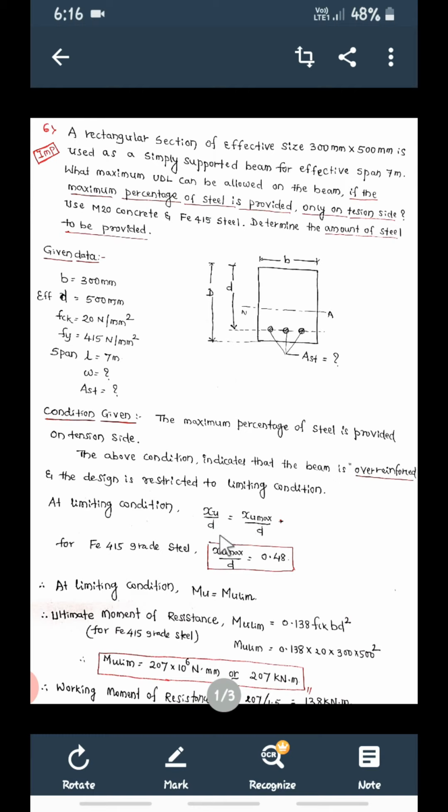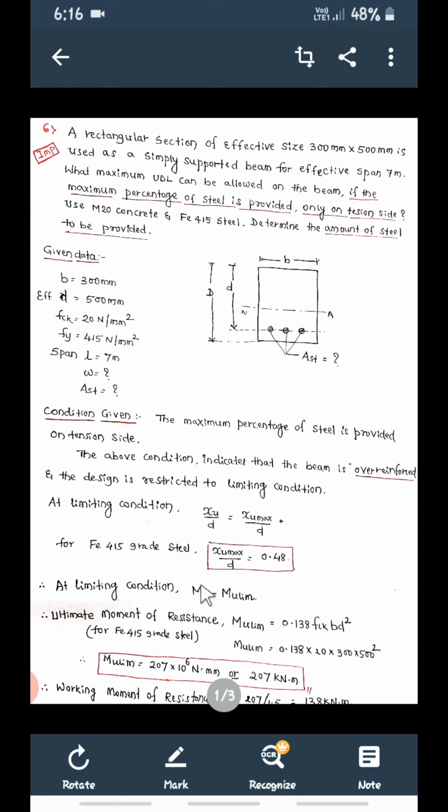Okay, and we know what is xu max upon d for Fe415 grade steel. So xu max upon d is equal to 0.48 for this Fe415 grade steel, or even xu by d is also 0.48. Now this is at limiting condition, xu by d is equal to xu max upon d.